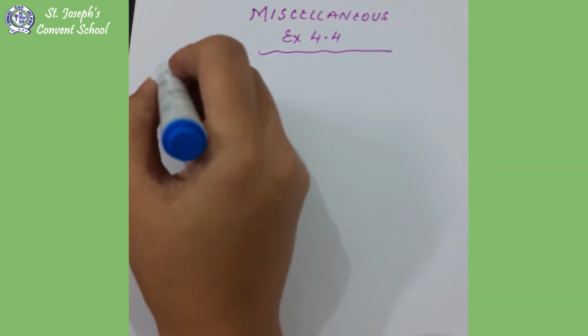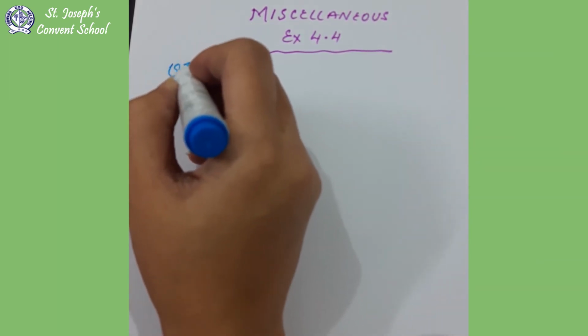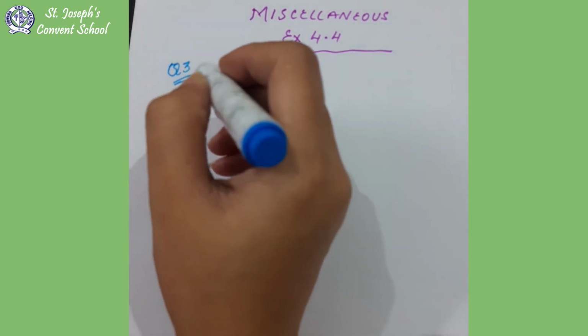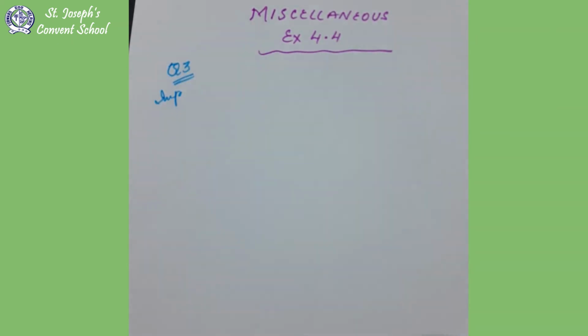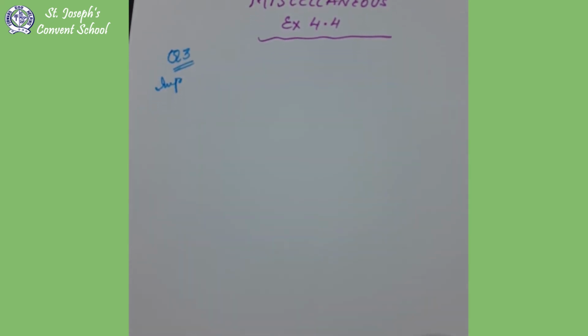There is a question in the miscellaneous exercise, question number 3. This is an important question. It comes in the short question answers or sometimes in the MCQs.